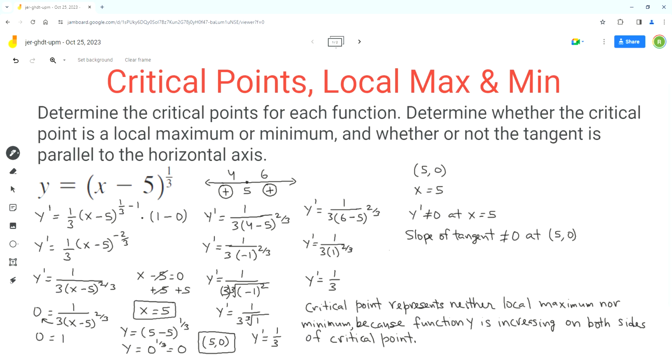So we can conclude, therefore, tangent is not parallel to the horizontal axis.